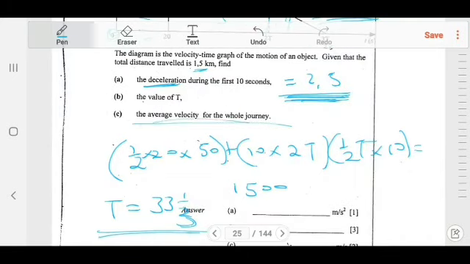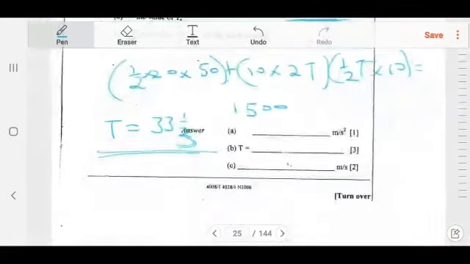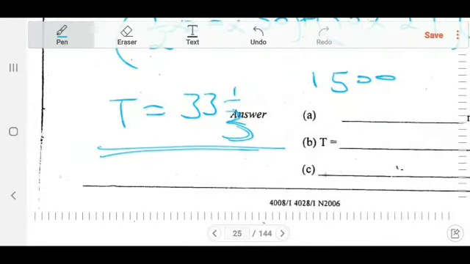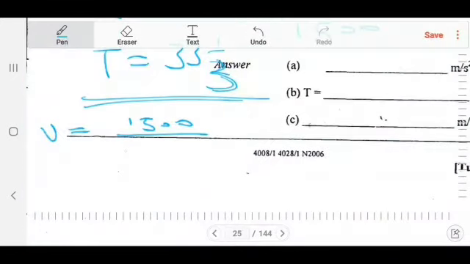Then the average velocity of the journey. Okay, average velocity is also simple. You just say v equals distance, which is this one, over the time taken, which is supposed to be 33 and a third times 3.